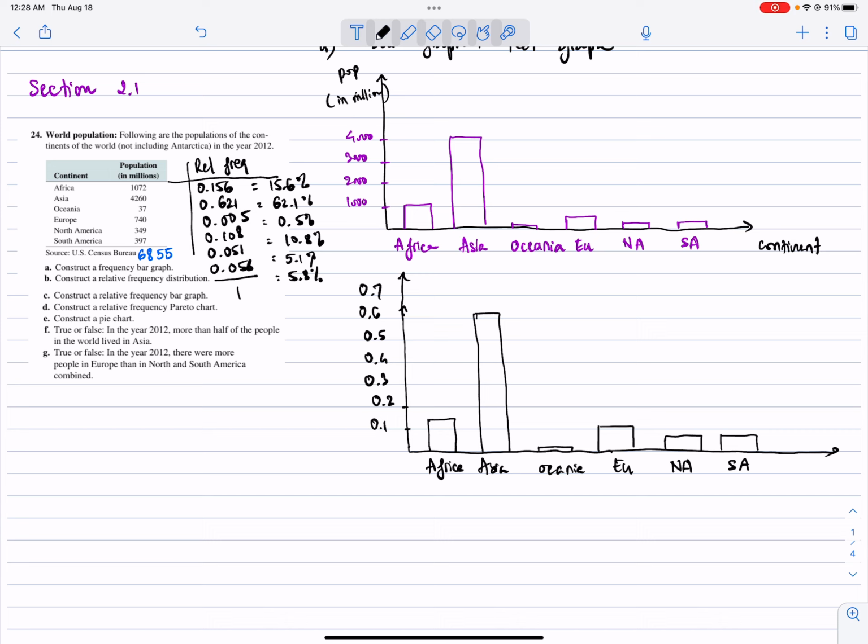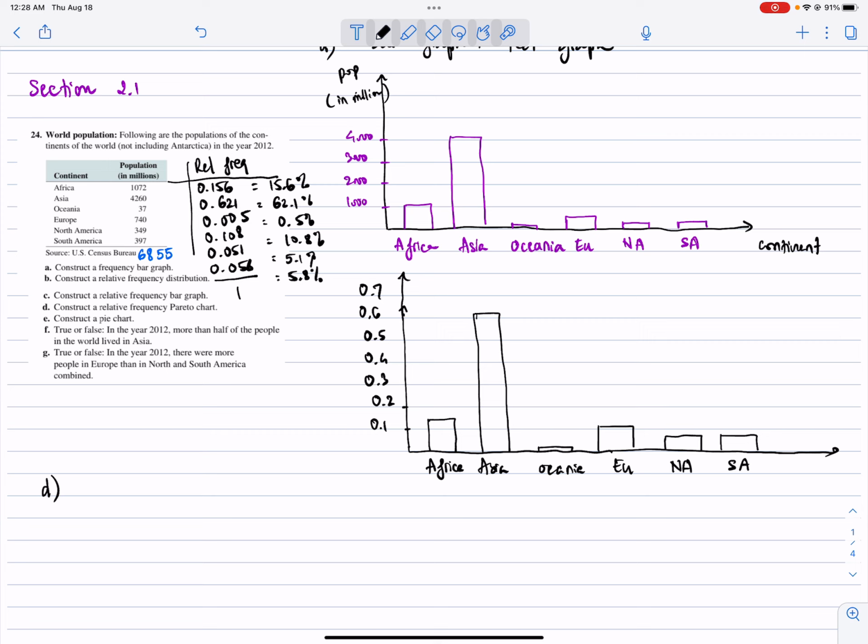The only difference is that we use the frequency number or relative frequency number for the vertical line. Okay. Part D, we want to construct a relative frequency Pareto chart.